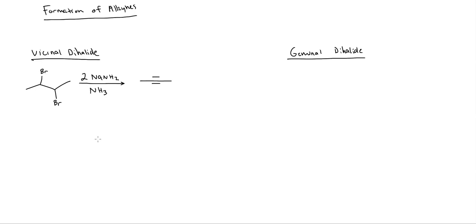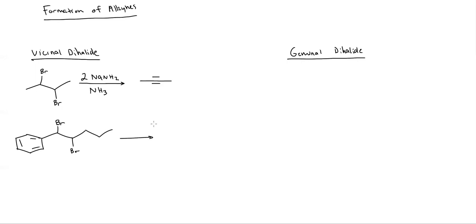We can do this with any vicinal dihalide, even a fairly complicated one like this. It doesn't have to be bromine, it can be chlorine as well. Any halogen works fine, but I'm just using bromine.